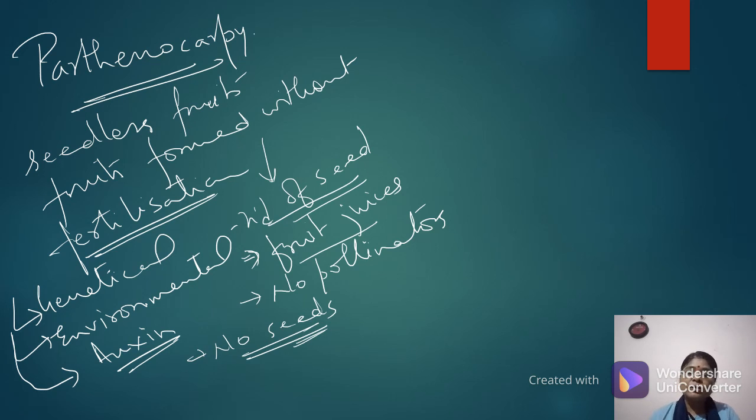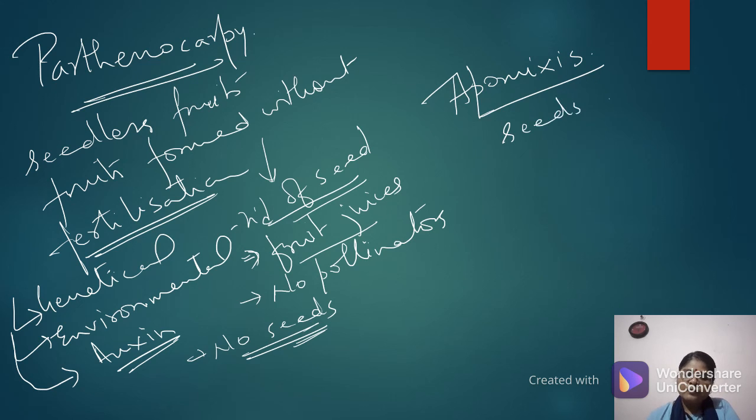Now there is another term which we call apomixis. In case of apomixis, what is happening? It is the formation of seeds without fertilization.